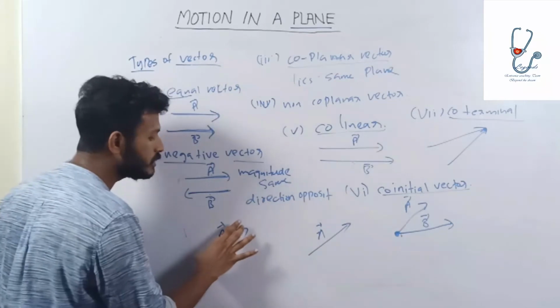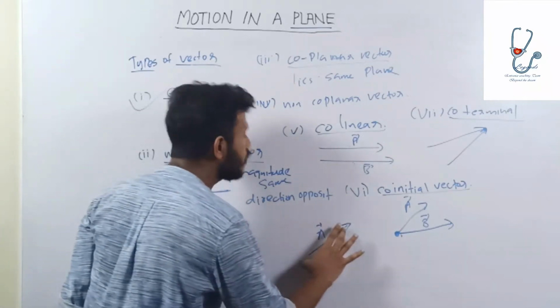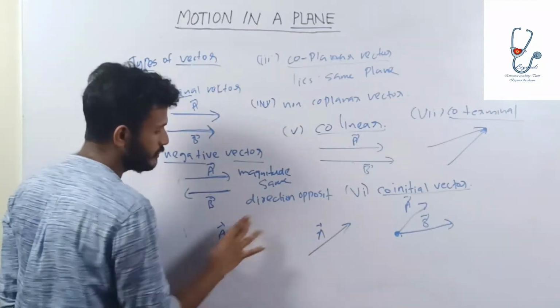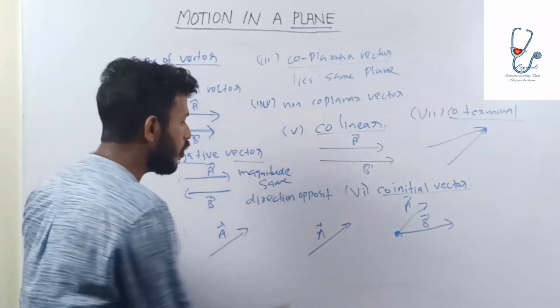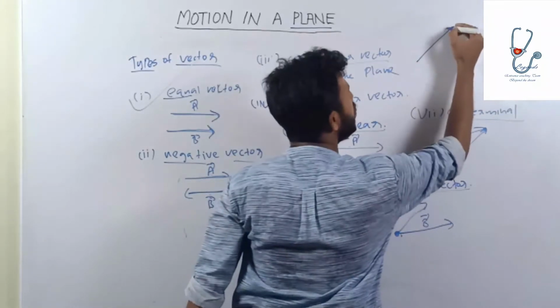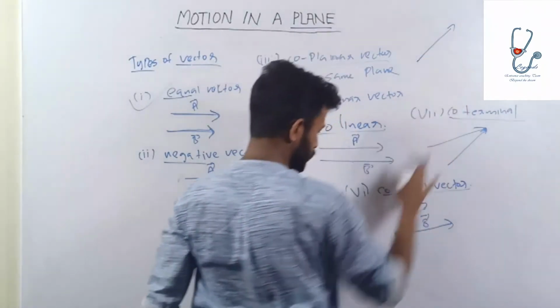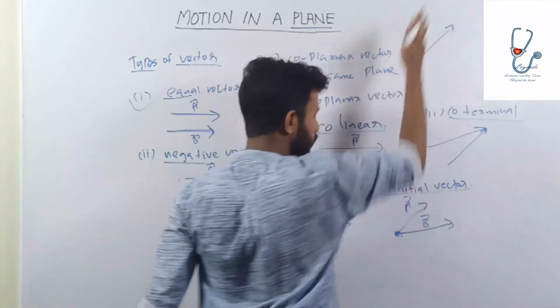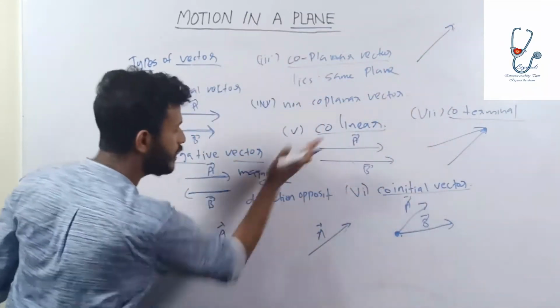I can move this vector parallel because of equality of vectors: same direction, same magnitude. Same magnitude, yes, same direction. The head points in that direction, and here also that direction.